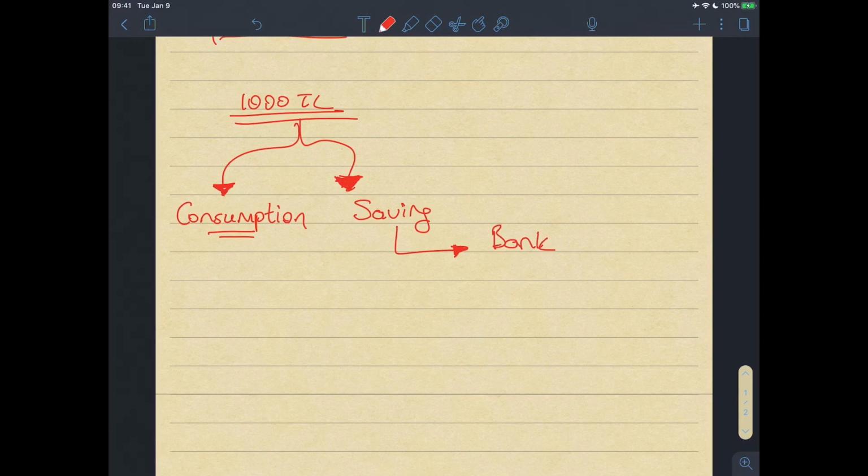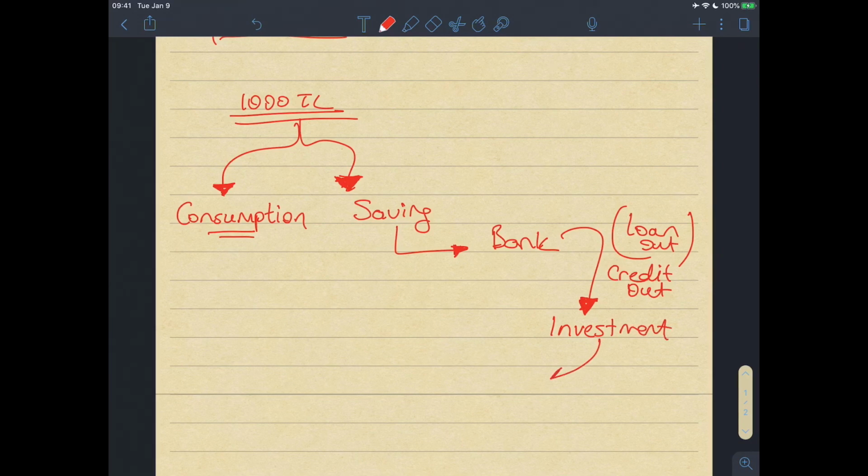So you put your money in a bank, and what does the bank do? Of course, to make money, the bank needs to credit out or loan out your money. So this money will go somewhere. This money is going to be used as investment money to create more capital goods. For example, there is a guy who is trying to build a new factory, but he needs money. So he goes to the bank, he takes out a loan.